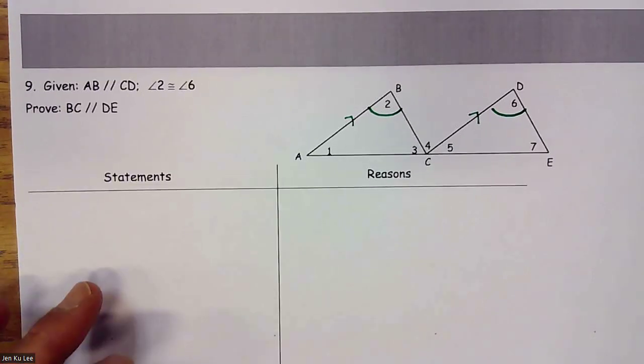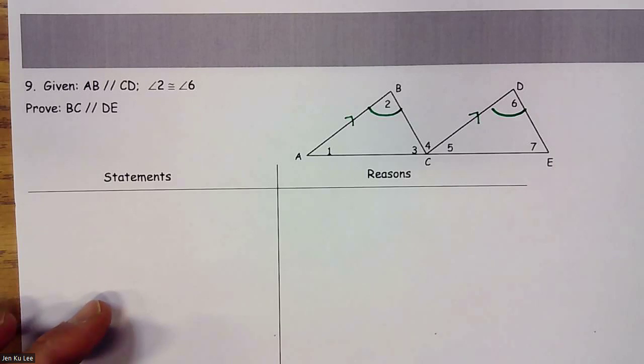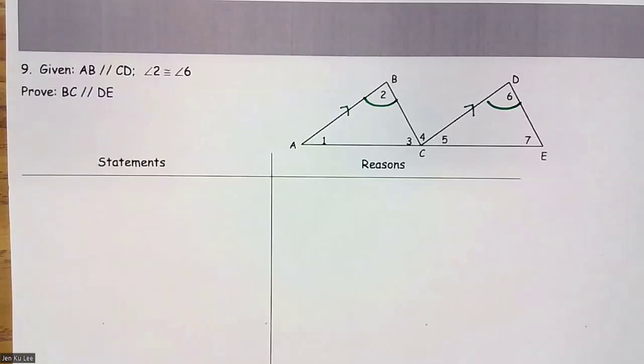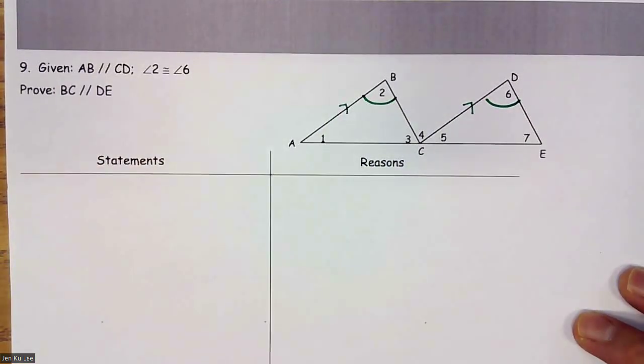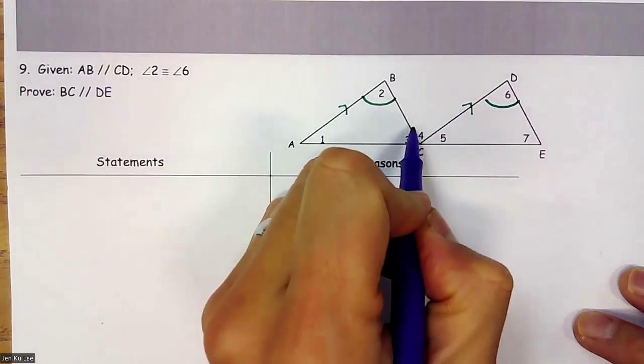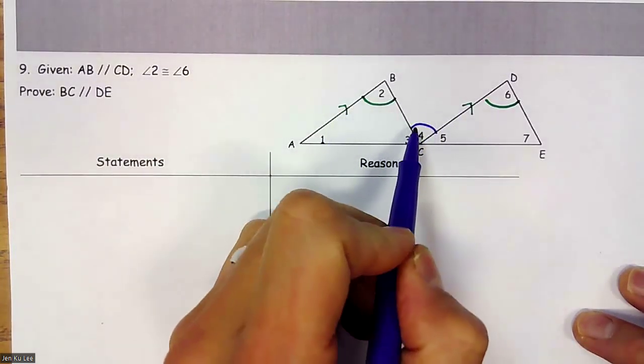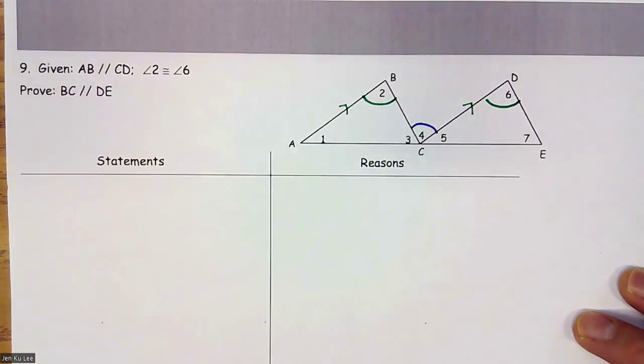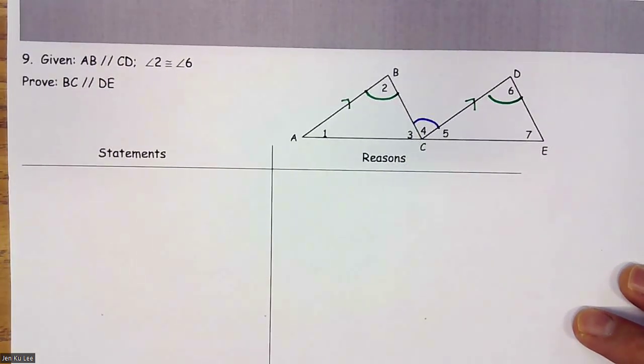Okay, so take a couple minutes. This one's a little more difficult, so take as much time as you need to try and figure this out. So here is our plan. We found out that angle 4 is alternate interior to angle 2, right?